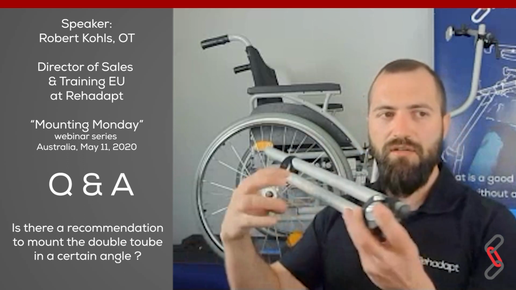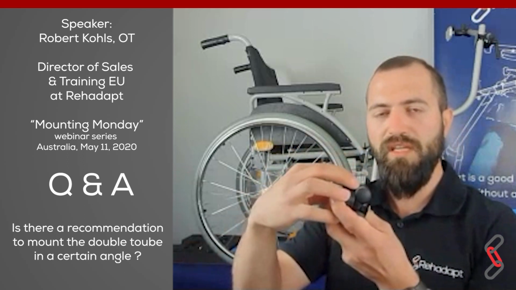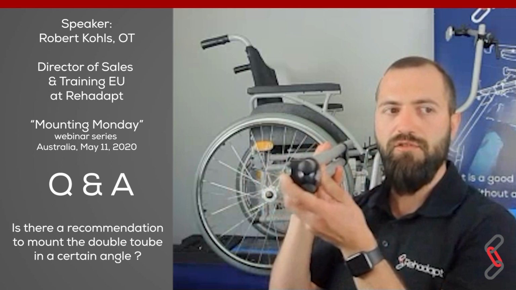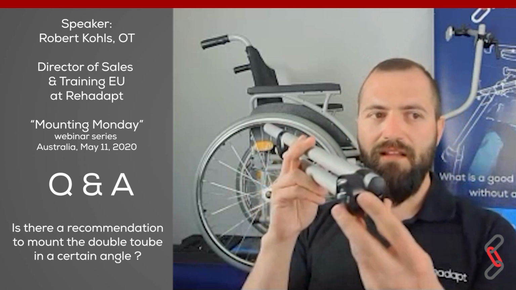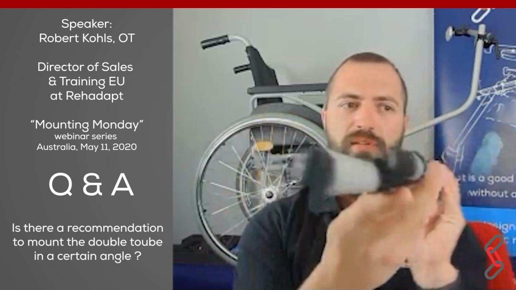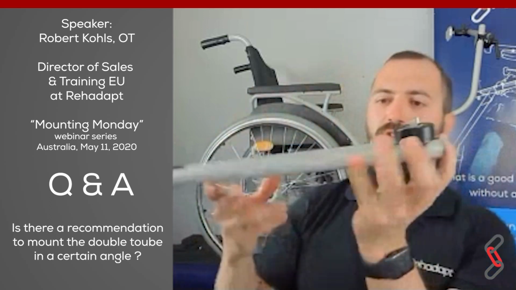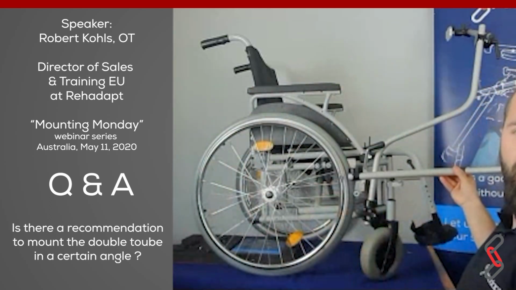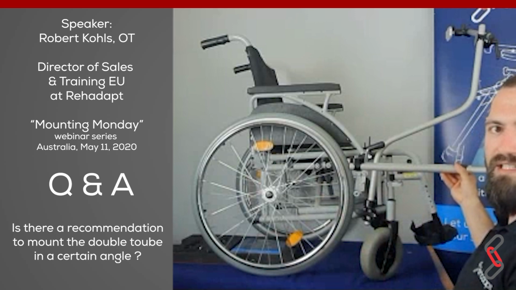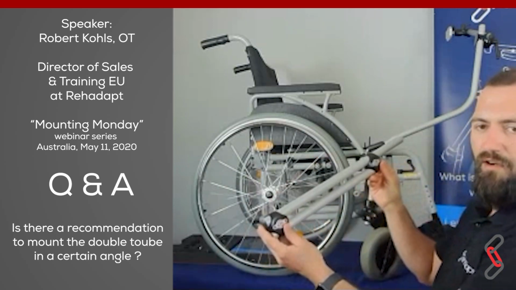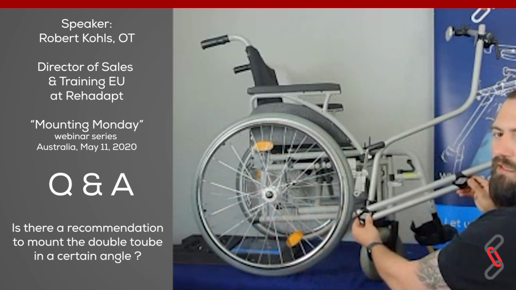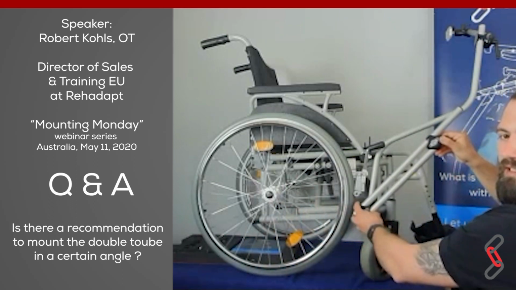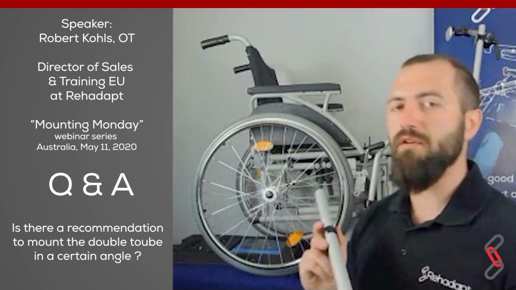And in combination with a base coupler component, we can remove the double tubes later. What we are seeing a lot is customers mounting the double tubes next to each other, like for example in this way, and this is completely useless. So we are recommending always mounting it in that way. If the angle must be positioned a little bit more upwards, that is no problem.